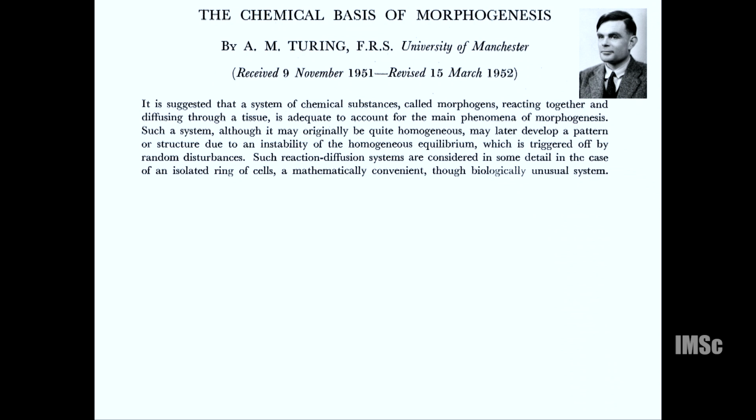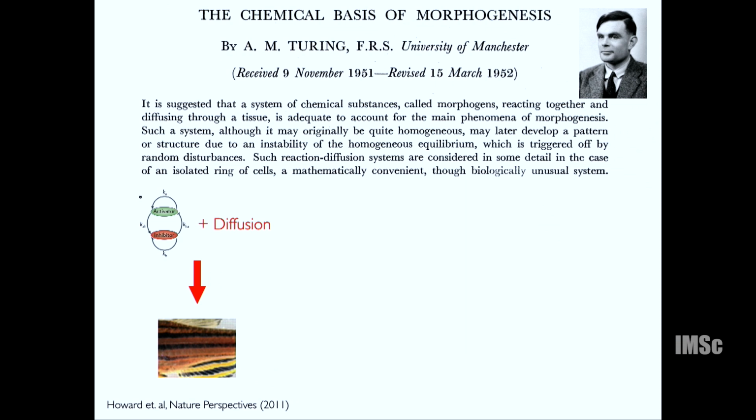So the main idea was you can have these chemically interacting species which are morphogens, and now you don't have a homogeneously mixed system, you have some interaction. And now if you allow diffusion of these different morphogens, here I show a schematic of a particular morphogen system, which is the activator inhibitor system. Now this interaction plus diffusion, with different diffusivities of these molecules, can potentially give rise to this kind of pattern. So this was the main idea, and it was a remarkable idea.